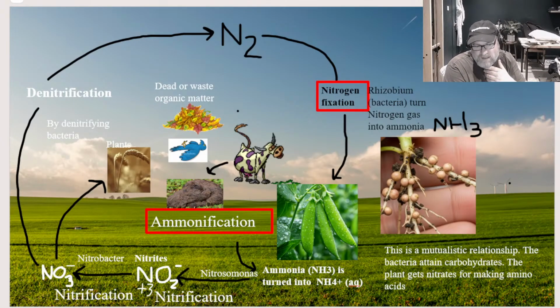So 3 times -2 makes -6. This means if it has an overall charge of minus, the nitrogen must be +5 in that situation. And so if we look at the nitrogen atom, it's gone from +3 to +5. So in that movement, it's lost 2 electrons in that process.